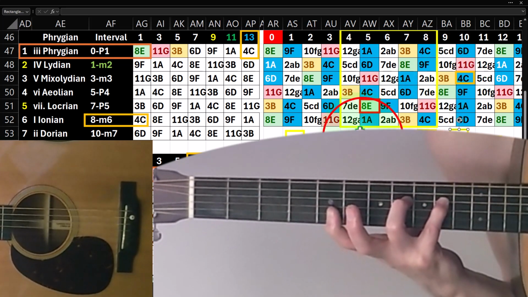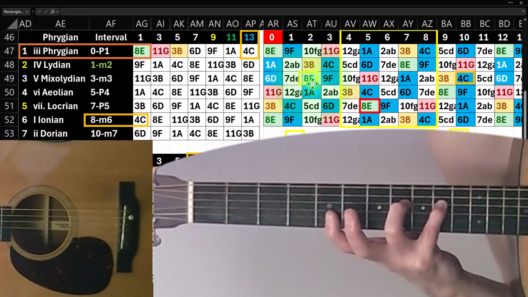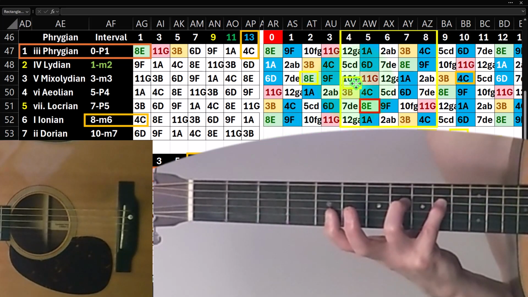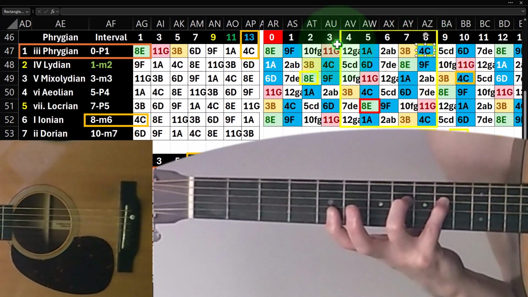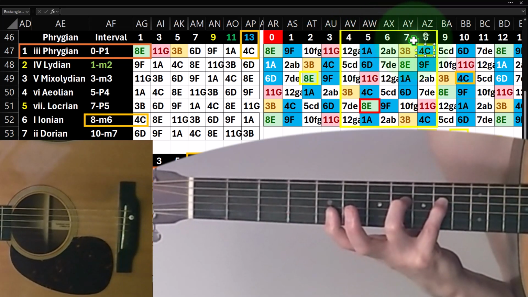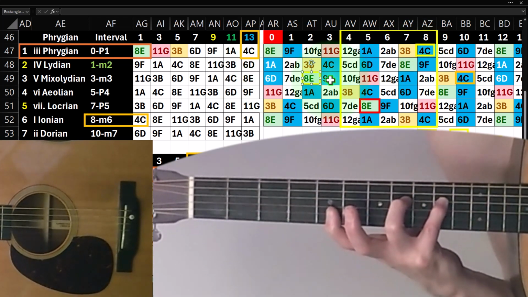But I wouldn't cross the fault line if I was starting on the G or the D string, and I could still go up 2 strings from there. Let's take a look at this E, for example, and then I go up 2 strings and I'd be out here. So now that's going to be 1, 2, 3, 4, 5, 6 frets forward, which is about as far as you can reach. If I could go the other way, you would see that this is an equilateral triangle, right? We're right in the middle.